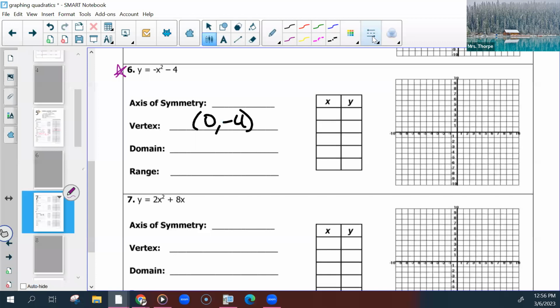So we can put that point in the middle. Our axis of symmetry would be 0. Domain stays the same. Then you can fill out your x's, and I'm going to show you how to find your y's in the graph.